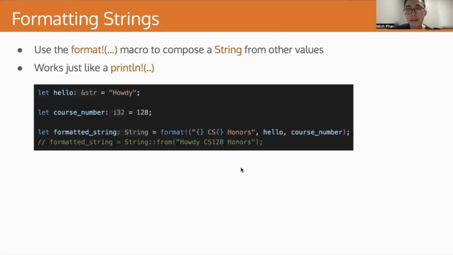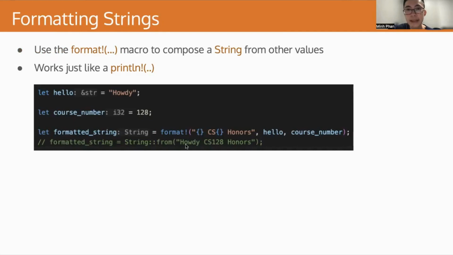We can also compose a String from other values through the format macro. How this works is very similar to the println macro. Here you see that we have a hello variable as a &str with the value howdy and a const number with value 128.